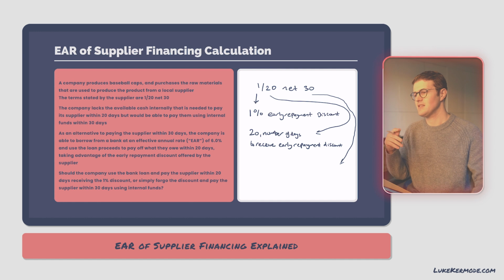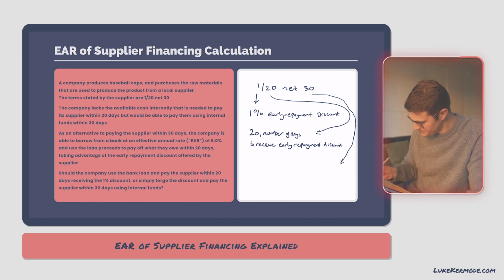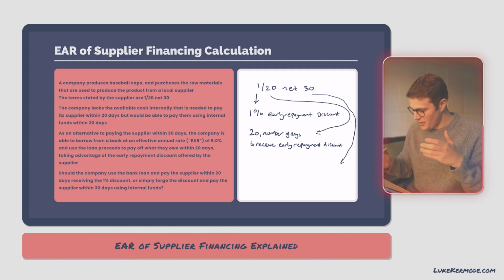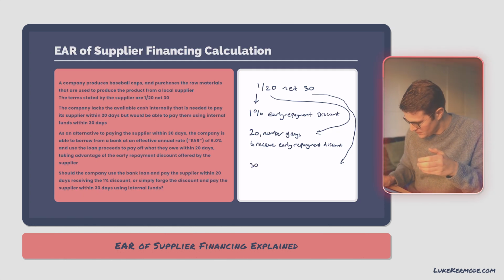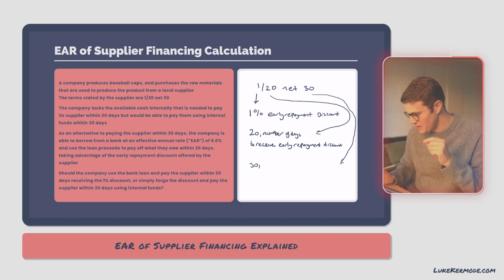is the number of days the company has to pay the supplier within, full stop. So it has to repay the supplier within a 30-day window. If it repays the supplier within the first 20 days, then they'll receive the early repayment discount.